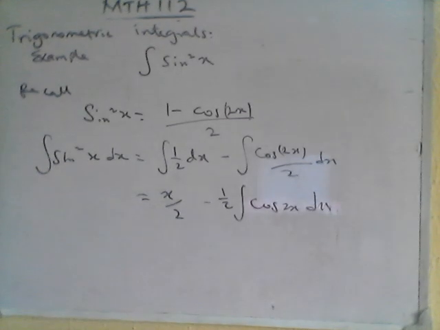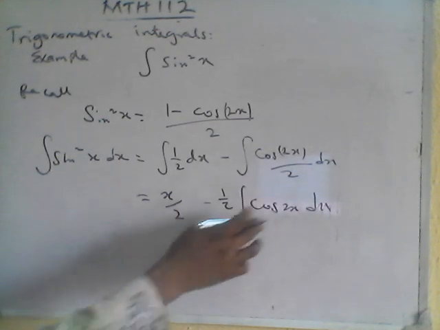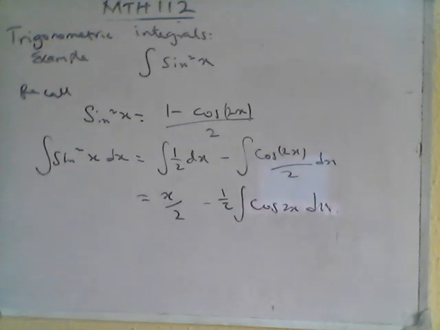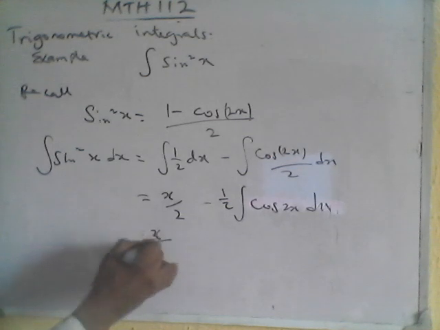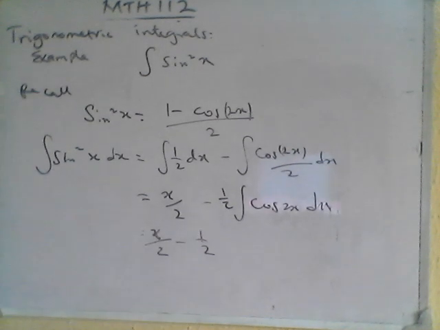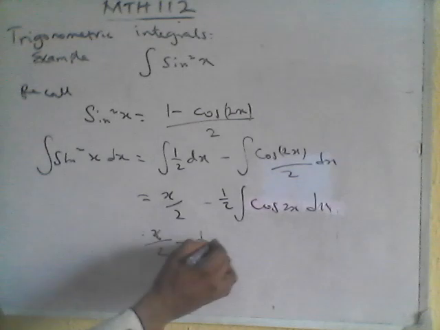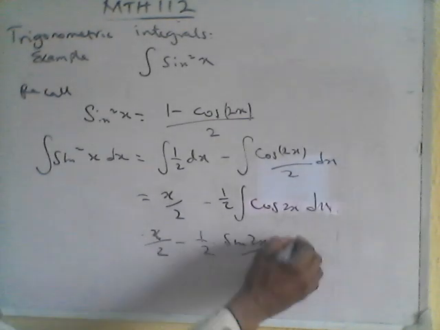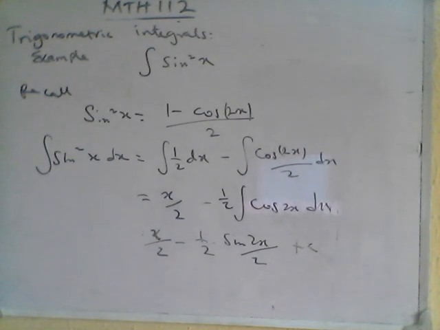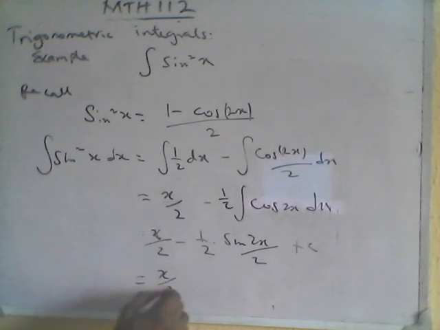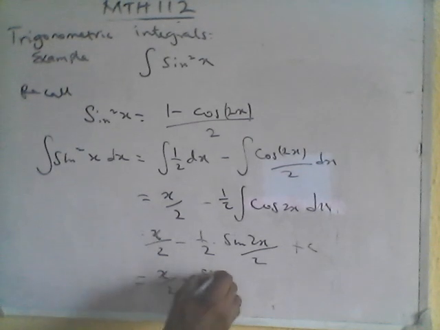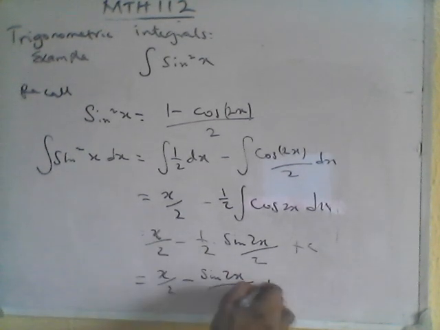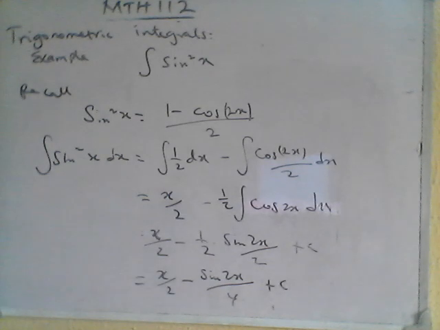This one is a composite, there's a function inside the function. So I'll have x over 2 minus half, and to integrate this one, it's the same thing as sine 2x over 2 plus c. So wrapping up, x over 2 minus sine 2x all over 4, because 2 times 2 is 4, plus c. This is the integral of what I have on the board.